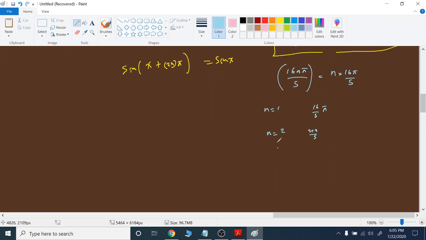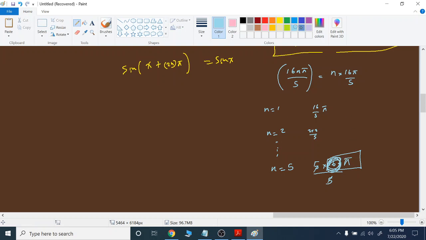But the first point we have is n equals 5. Then what you get is 5 times 16 over 5, so these two 5 values cancel out and you are left with 16 pi, which is an even multiple of pi.